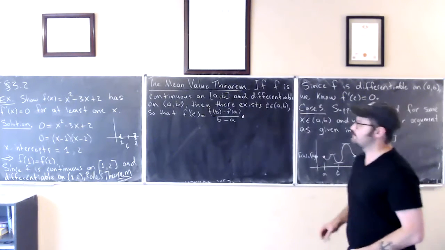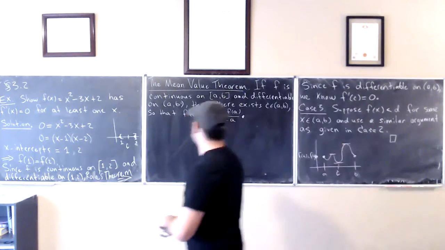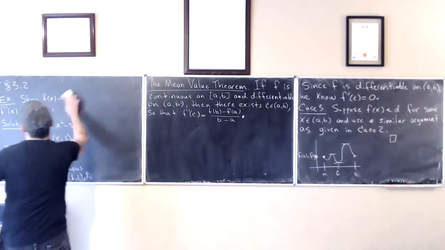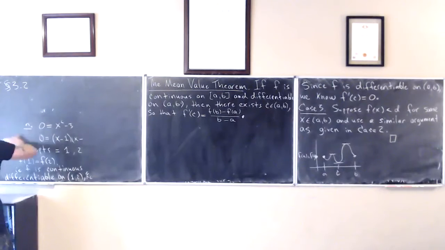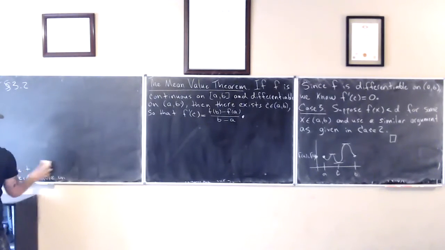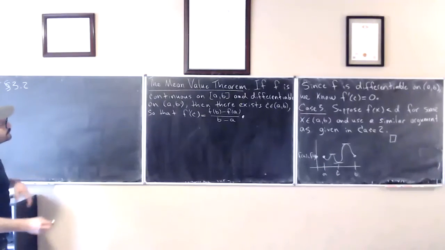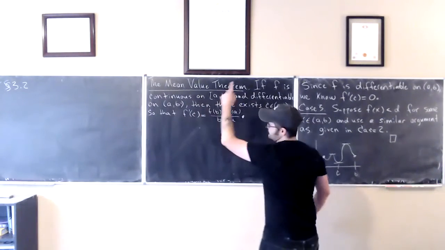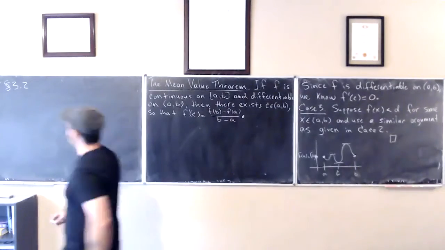So here, I'm going to put a picture on this side so that we can kind of walk along the proof. So imagine we have some continuous function on a closed interval that's differentiable on that open interval.